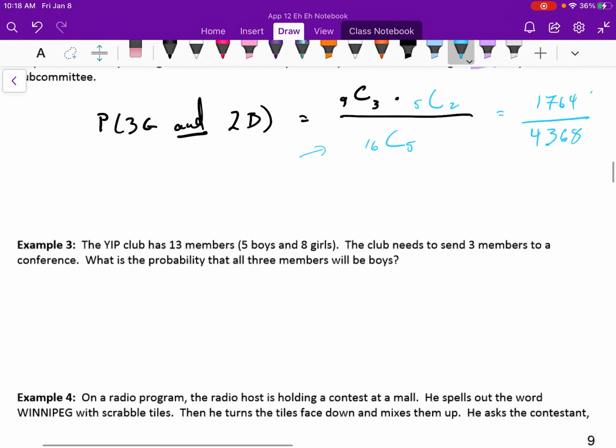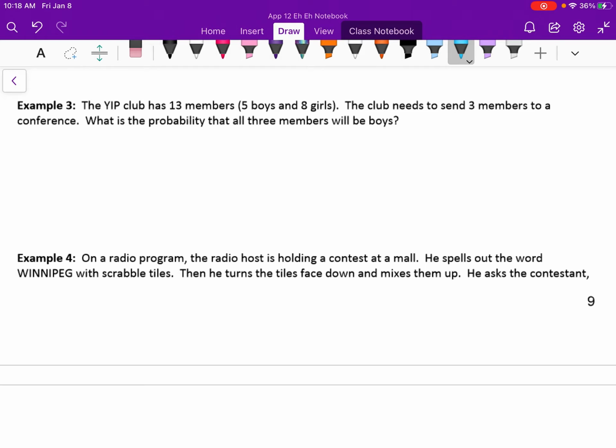Let's move on to the next question. Example 3. The YIP club has 13 members. The club needs to send 3 members to a conference. What is the probability that they'll all be boys?